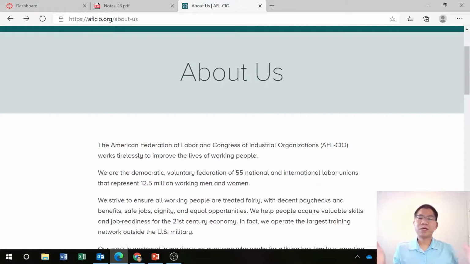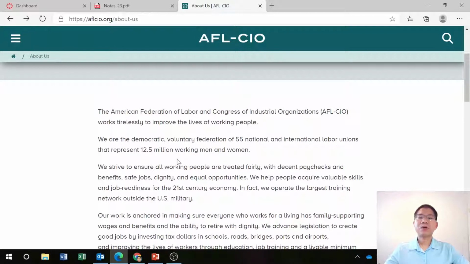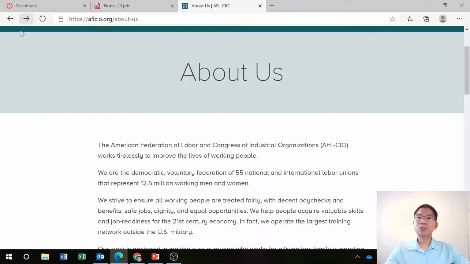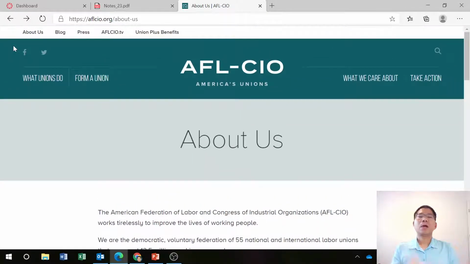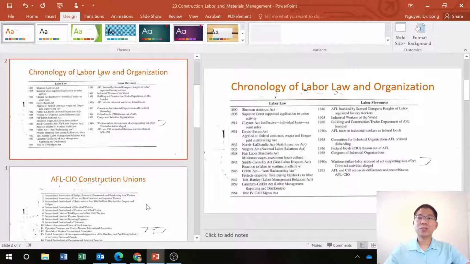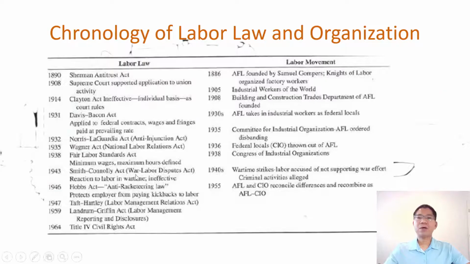It used to be two separate entities. Now they have combined, and as you can see, they represent 12.5 million working men and women in various industries, including the construction industry. If you're interested, you can go to the website to see the history, corresponding to the history we saw in this slide for labor.